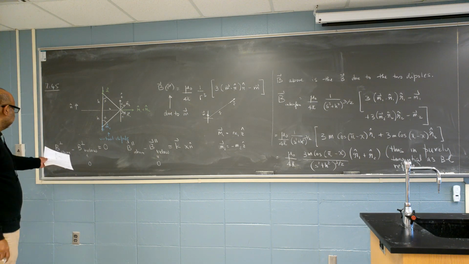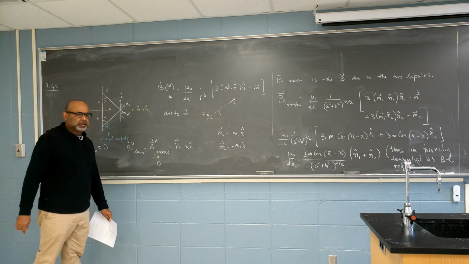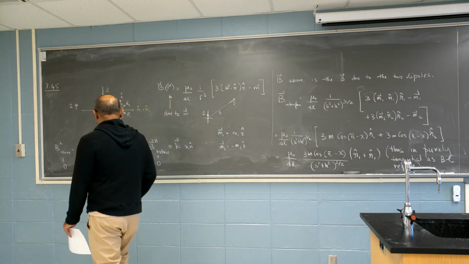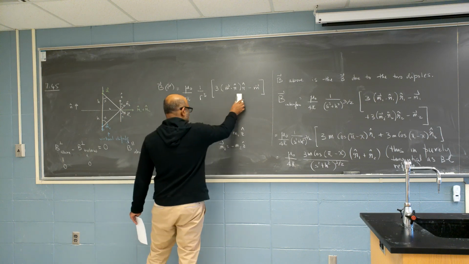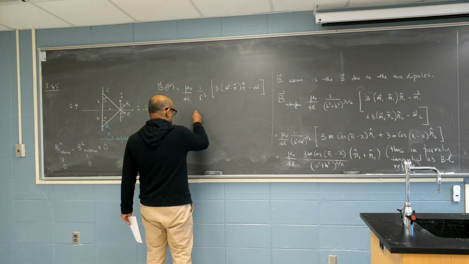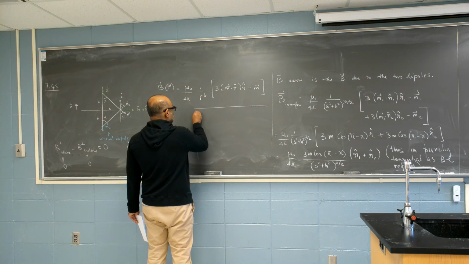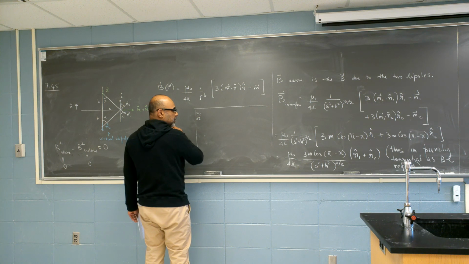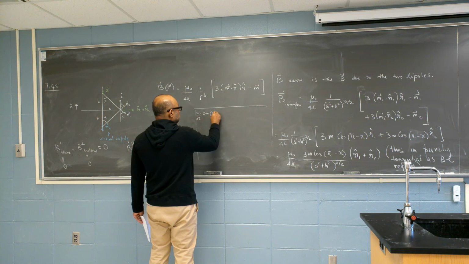So let's very quickly write the induced current. That's easy to do. I may need this shortly. mu0 over 4 pi 3m cosine pi minus chi.